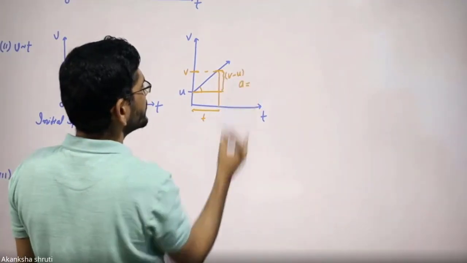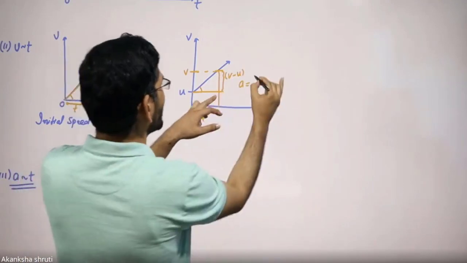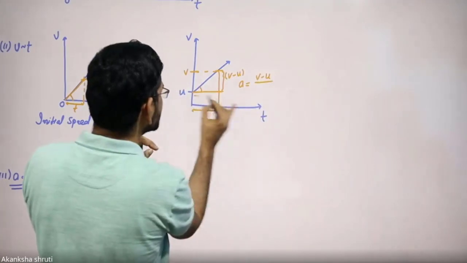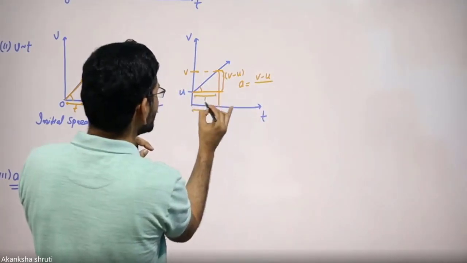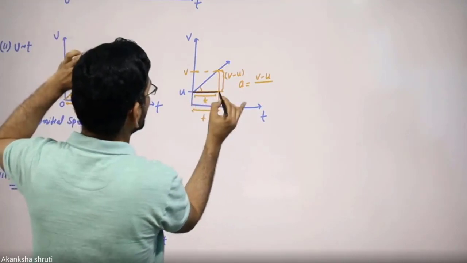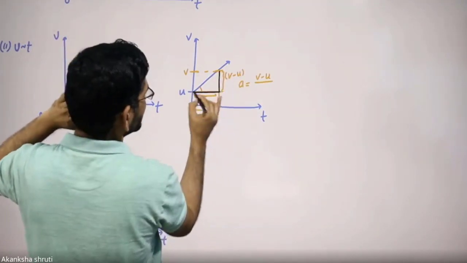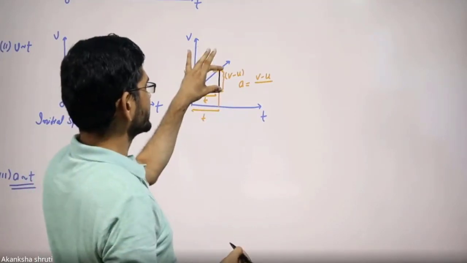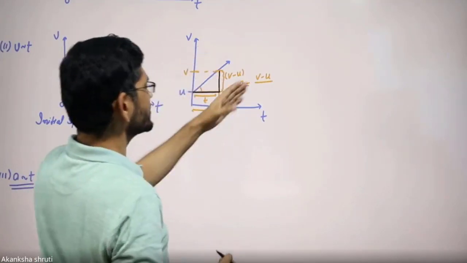So acceleration is given by v minus u divided by the time interval t, because in this triangle we are observing what is the vertical and what is the horizontal. So we are taking the vertical change by the horizontal.